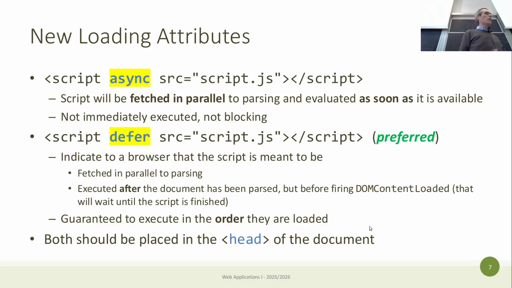So actually, people developing JavaScript programs inside the browsers and developing HTML realized that there was this problem. And so they came up with two new attributes for the script tag. One is async, which just says, fetch the script in parallel with the document parsing. It sort of improves the performance, but we don't really know when the script will be executed, because it will be executed as soon as it has been loaded.